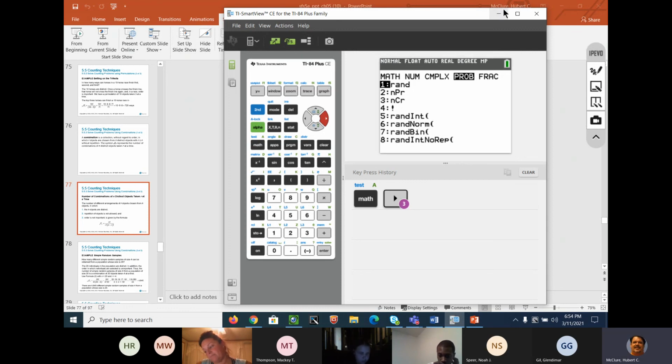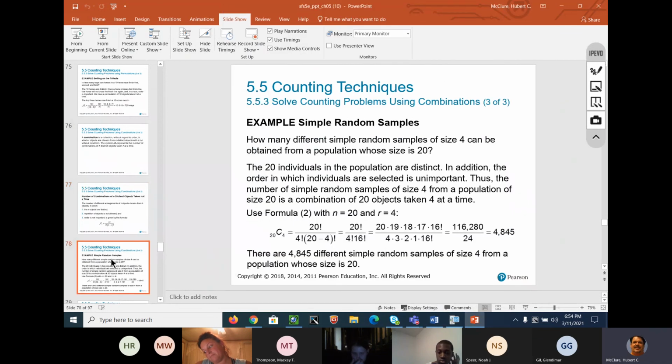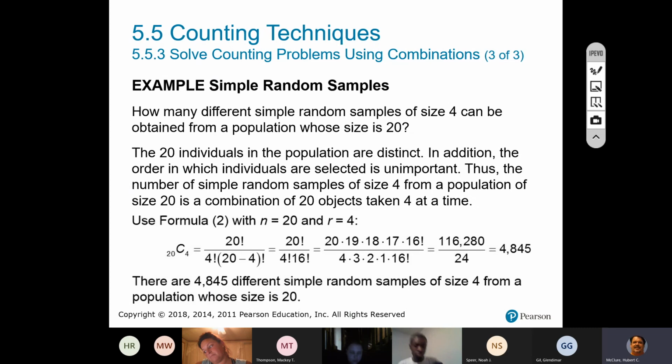So let's go to our handy dandy slide. And here's one right here. Okay. This is a combination. How many different simple random samples of 4 can be obtained from a population whose size is 20?